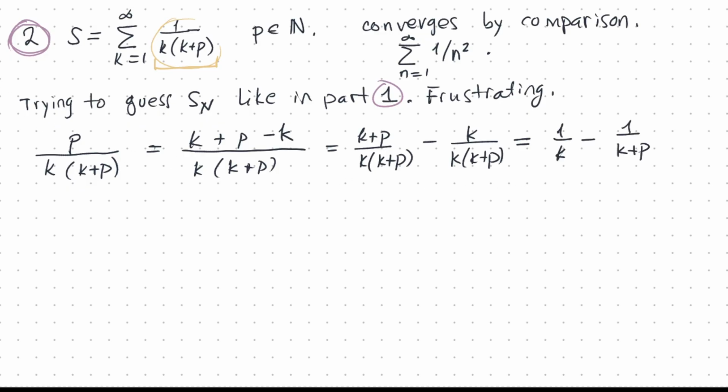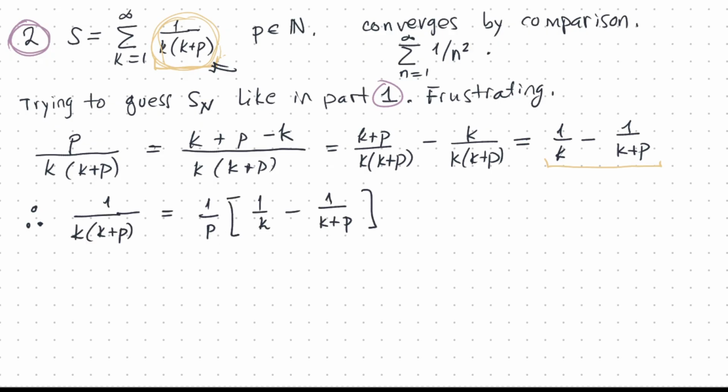This is pretty good because this kind of thing is much easier to deal with than the original. So I can now express this in terms of what I've just done. This is kind of the key to making all of this work.